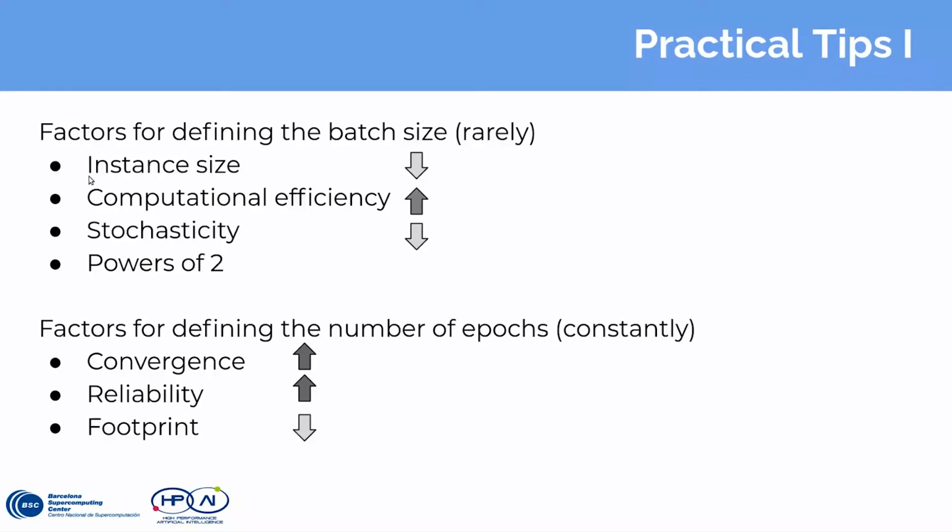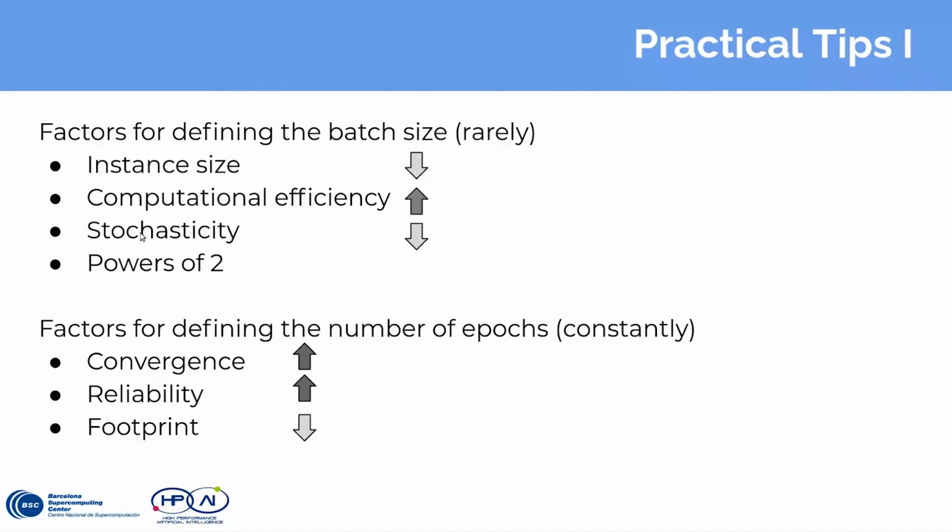But if we have high resolution images, for example, we cannot use a very large batch size because it simply doesn't fit in memory. Another thing is computational efficiency. If we want to be more efficient, we want to compute larger batches, because the more data we have, the faster it will be able to converge. You can see already that this is contradictory, so it's a trade-off.